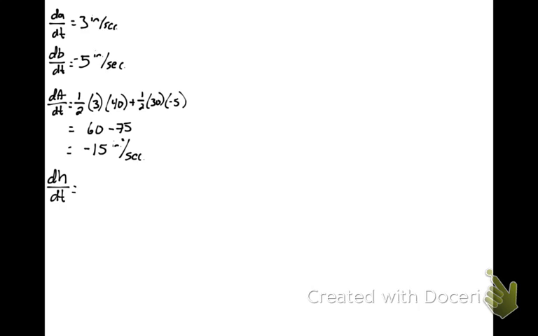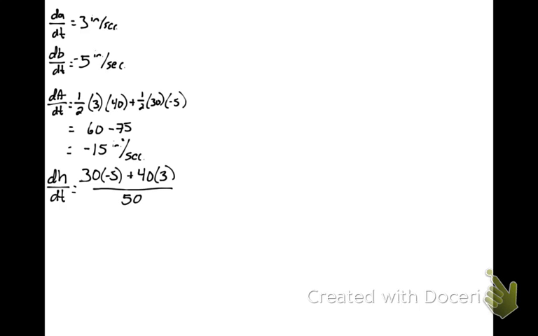So this would be A, which in this case is 30, times dB dt, which is -5, plus 40 times dA dt, which is 3, all over h, which we already know is 50.